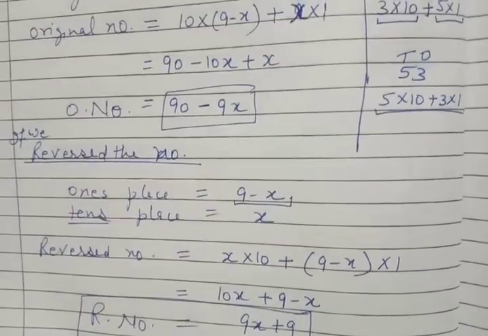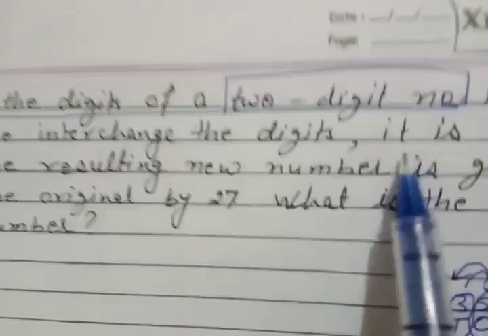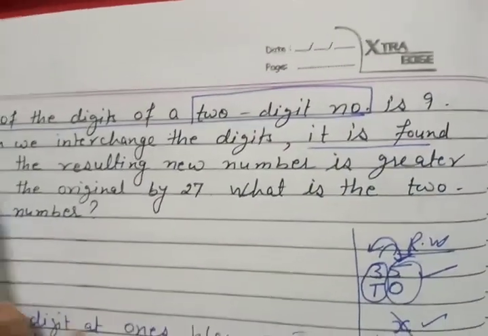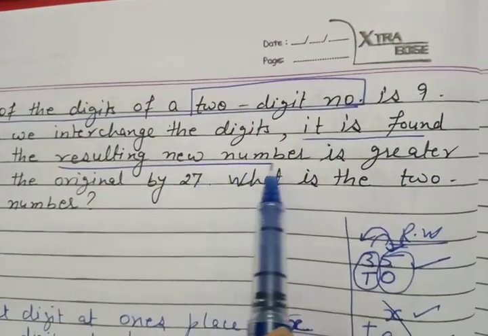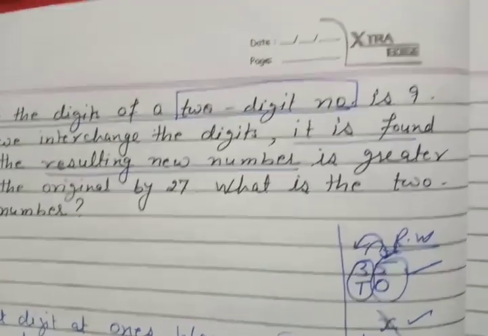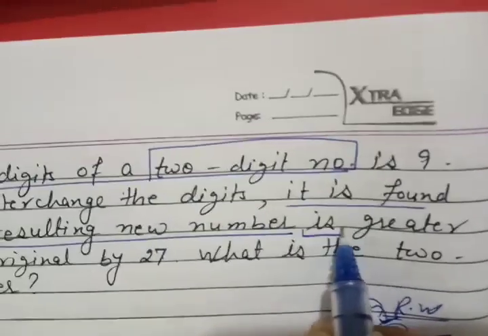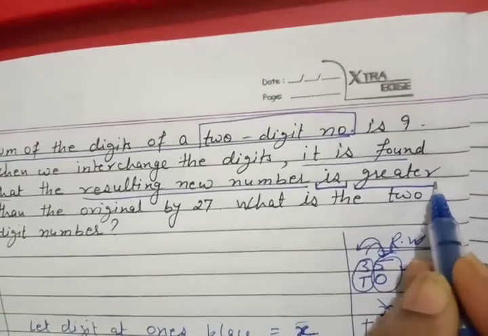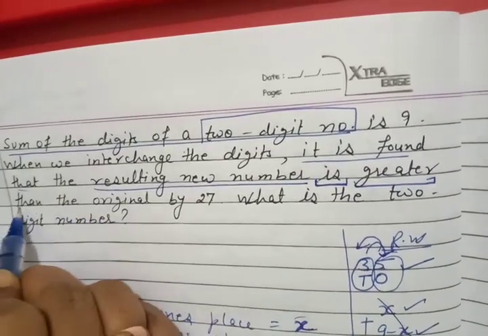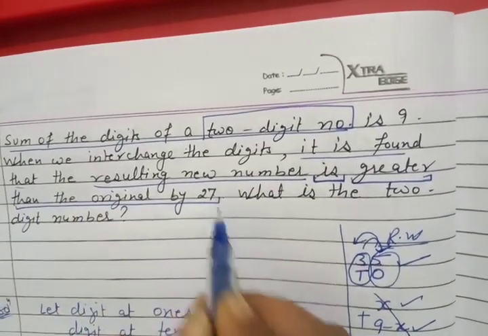Now further we move on to the question. Next line of the question. It is found that the resulting new number, which is the reversed number, is greater than original by 27.